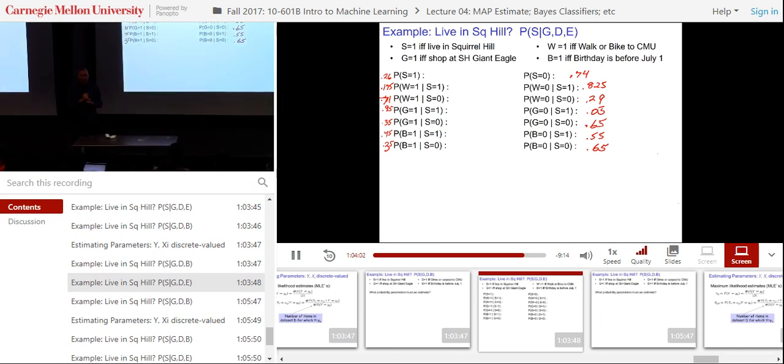what should we do? Is there anything else we have to do to train this? No, we're done. That was it. We just had to estimate those probabilities.